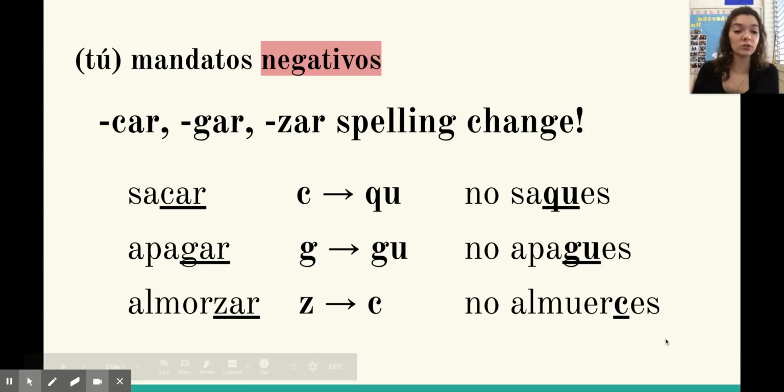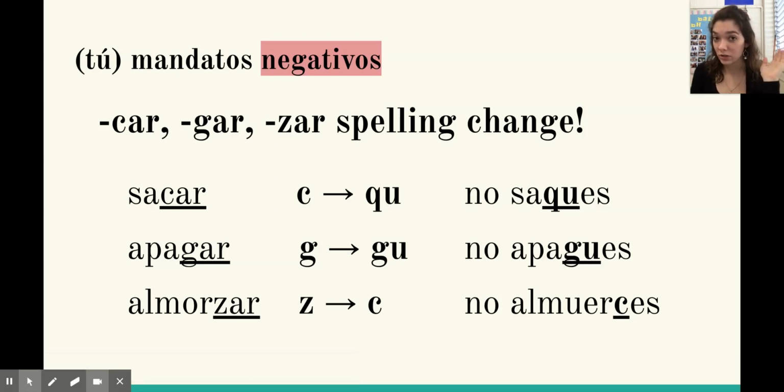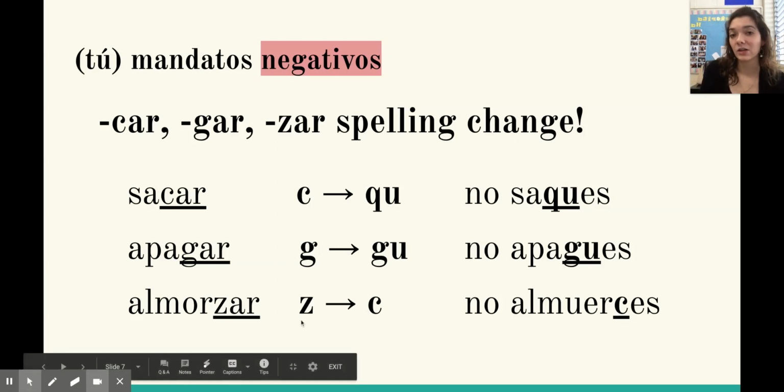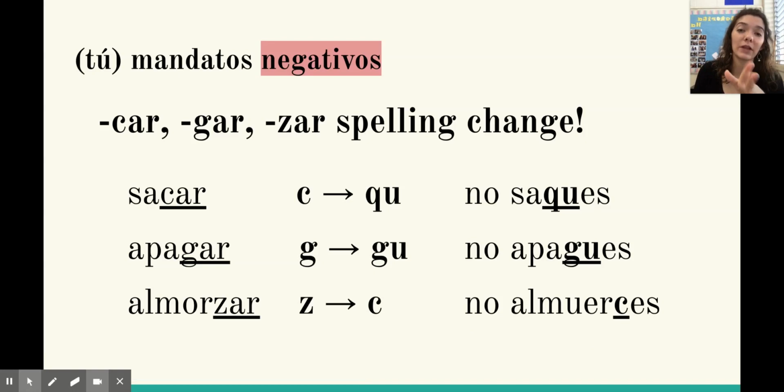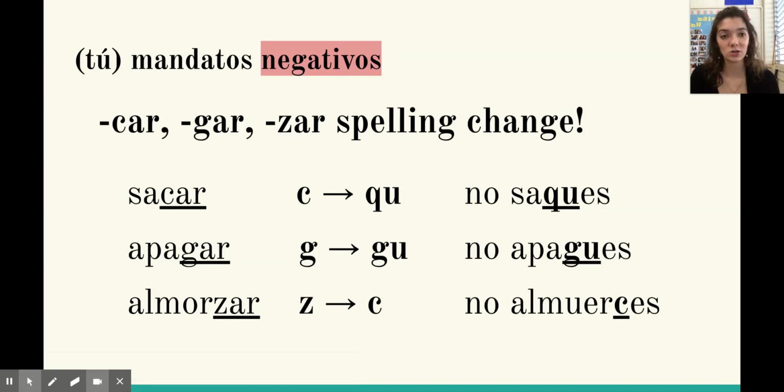Don't take out, don't turn off, don't eat lunch. Changing the letter Z to a C, G to GU, C to QU because of sound. Only for sound. We need to keep that K, that G, and that Z sound. Therefore, we change the letter. That's it. Okay. No saques, no apagues, no almuerces. So be careful on your car, gar and zar verbs.